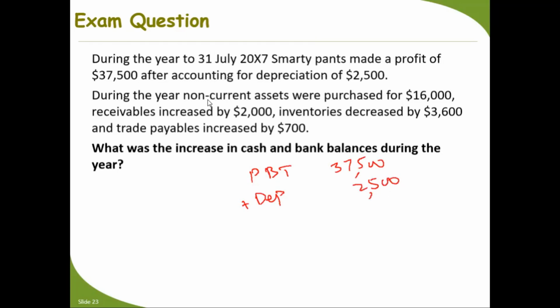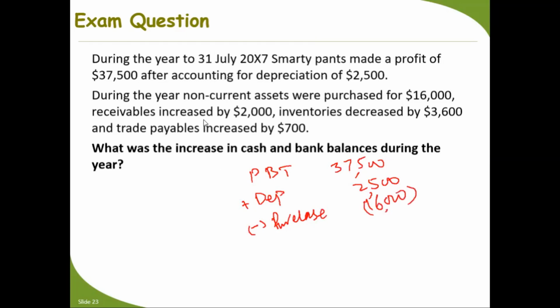Now, during the year, non-current assets were purchased. This is part of investing activity, and this is operating activity. But here, because we have very small data, so we will do all the things here. So purchase of non-current asset is outflow. We are supposed to subtract it, which is 16,000.